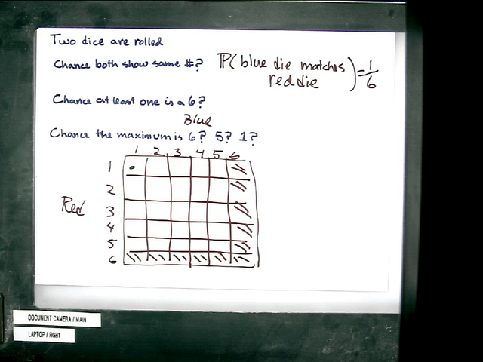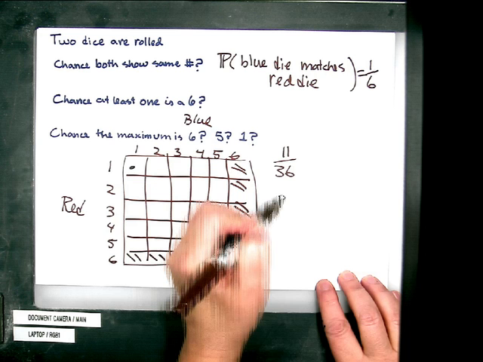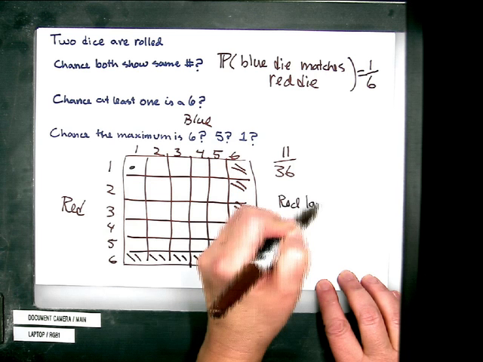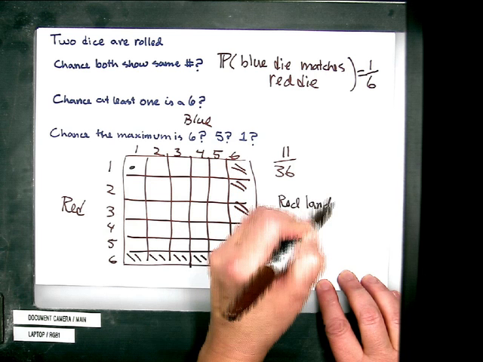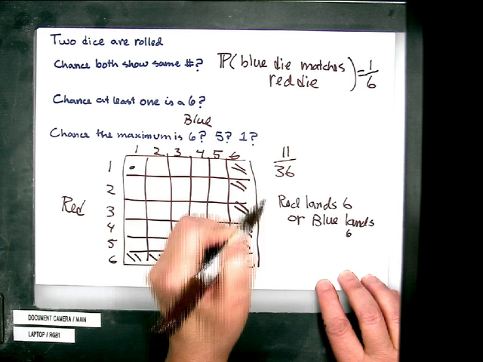So let's go back to the way that you were solving the problem. You could say, well, that could be the red lands 6 or the blue lands 6. And I'm asking, what's the probability that that happens? And there's a little or here.